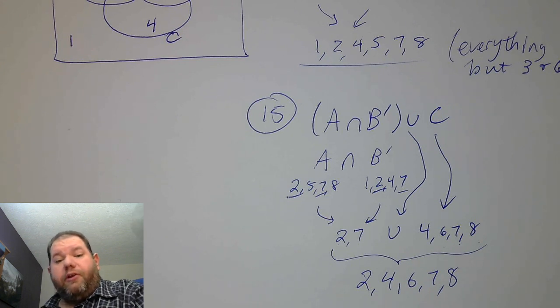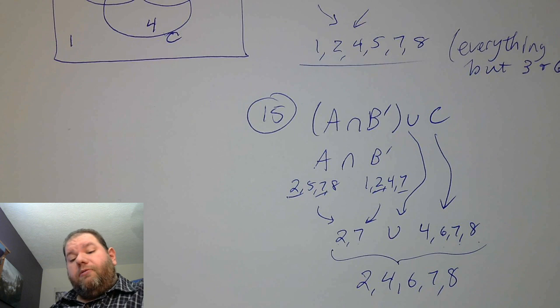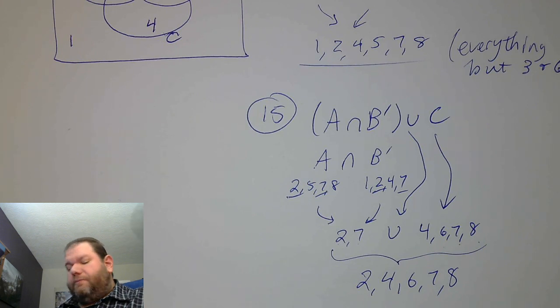Some people are perfectly comfortable using the pictures and thinking about it that way, but other people may feel more comfortable, like I'm doing here, assigning some kind of number to represent that area, and we can just work with the numbers from there. This is really just a matter of preference at this point. Okay.